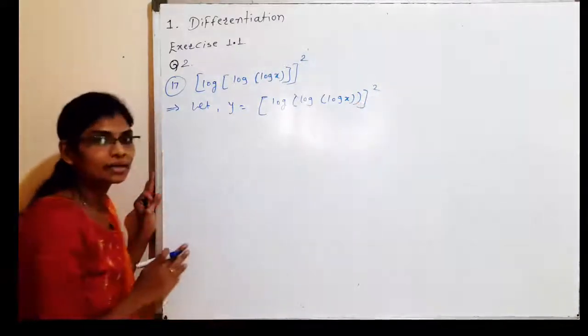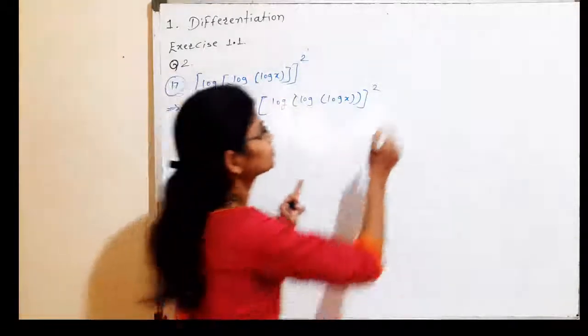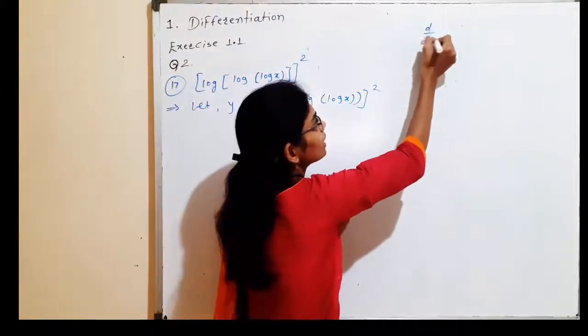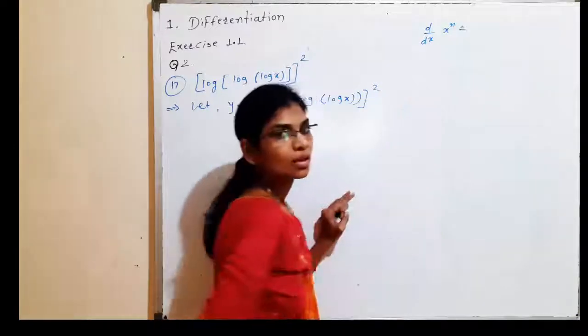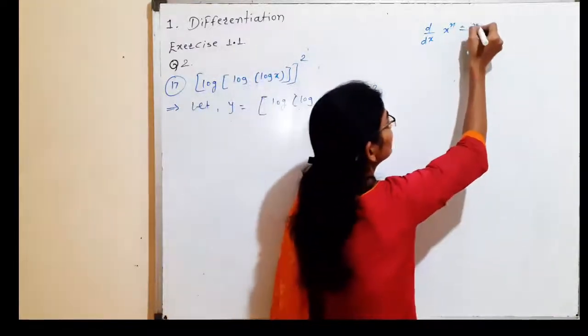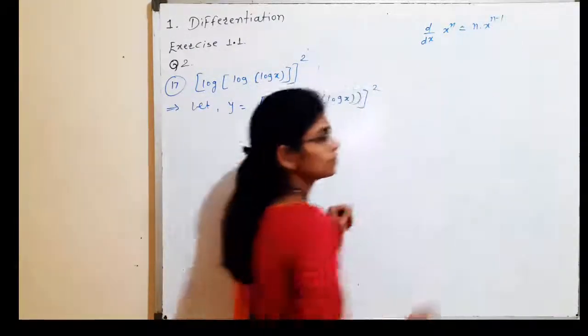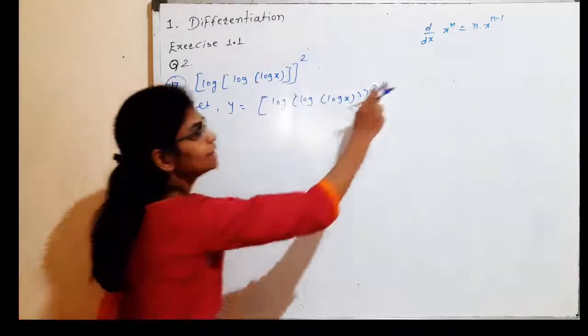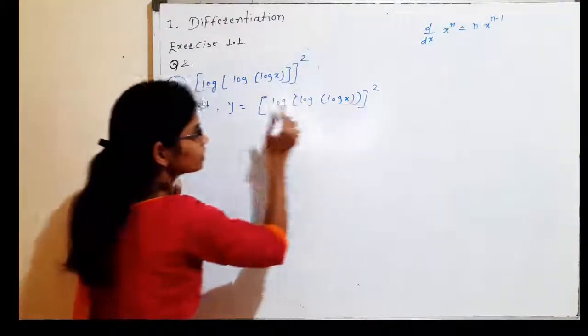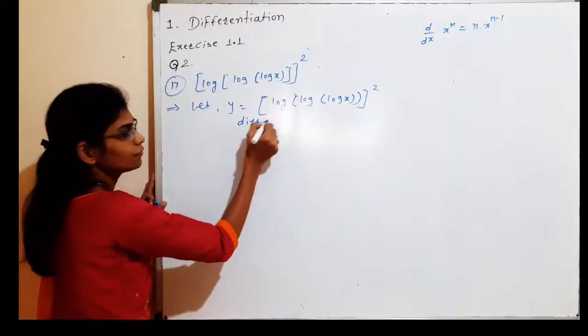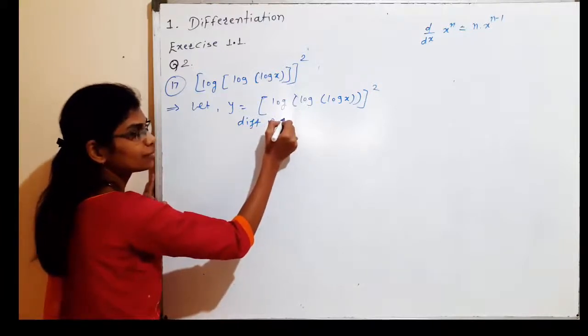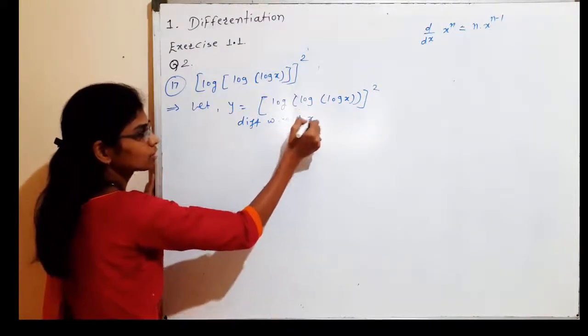First of all, take the derivative for that index. It means by using the rule that for x raised to n, the derivative is n into x raised to n minus 1. Here the index is 2, so first of all differentiate with respect to x.